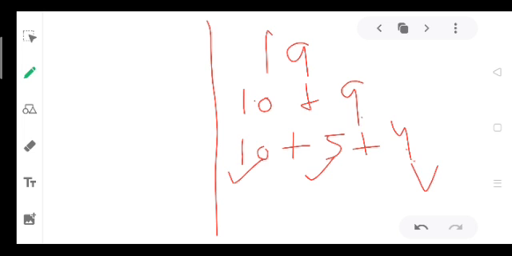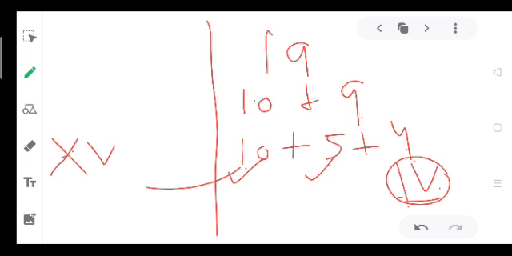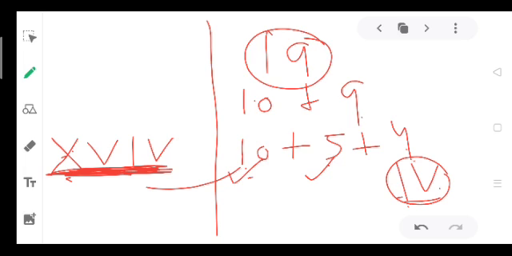Firstly V and then I on the left side. 5 minus 1, it becomes 4. So we write the Roman numeral for 10 X, 5 V, for 4 IV. XVIV. This is the Roman numeral for Hindu Arabic number 19. Clear?